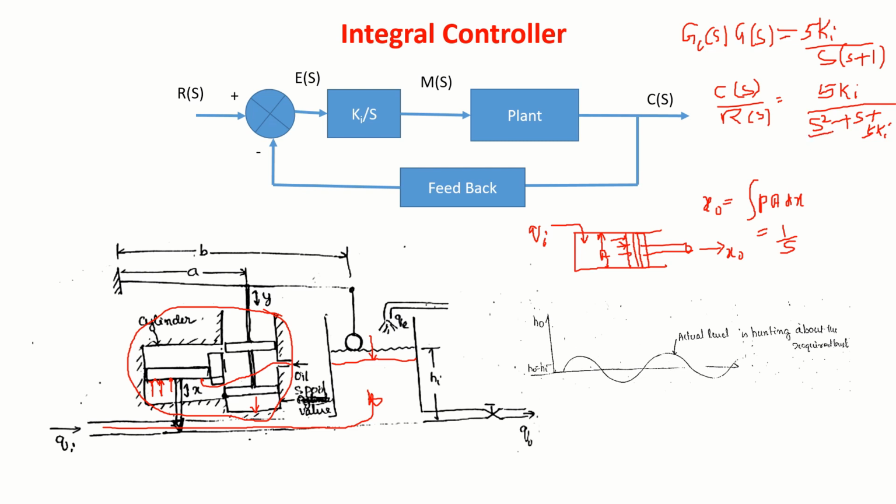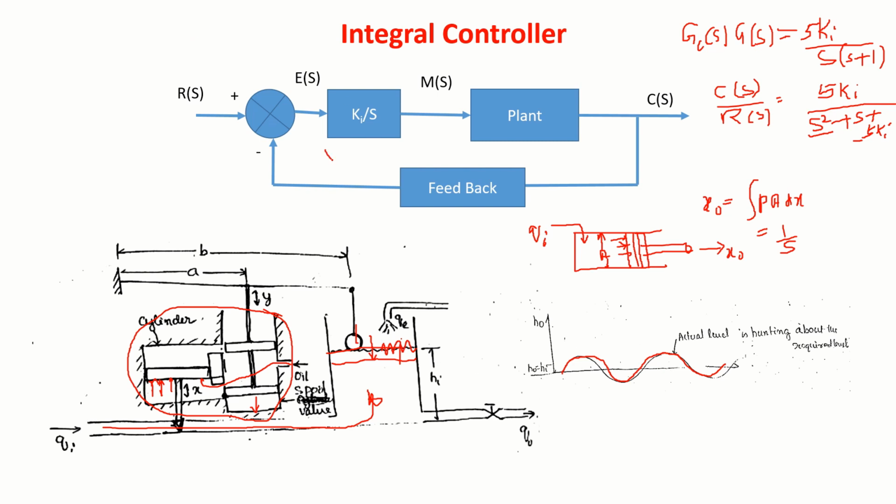So it will become oscillatory. That is the main thing. It is oscillatory. The response will be oscillating about the point. That means this water level will go up, go down like this. This becomes oscillatory. But error will not be there, but it becomes oscillatory.